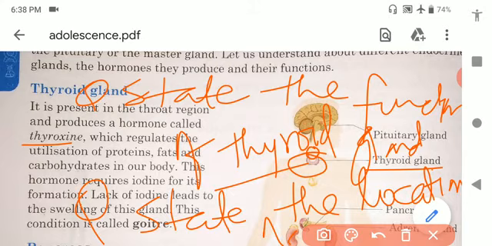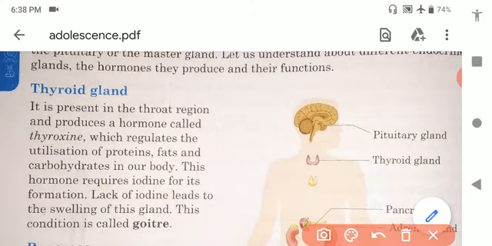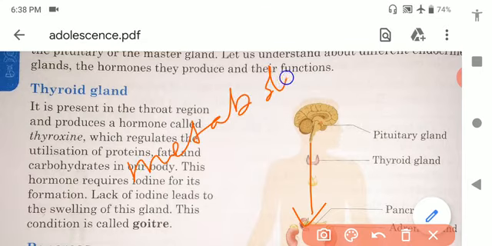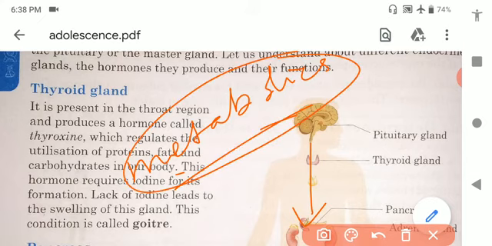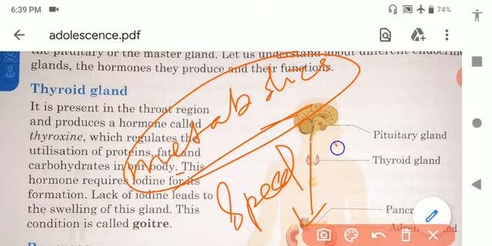Understood? Now let's start with the function of the thyroid. Inside our body there are lots of metabolic processes going on. Metabolic process means all those processes taking place inside your body together. Take the speed of respiration or breathing.